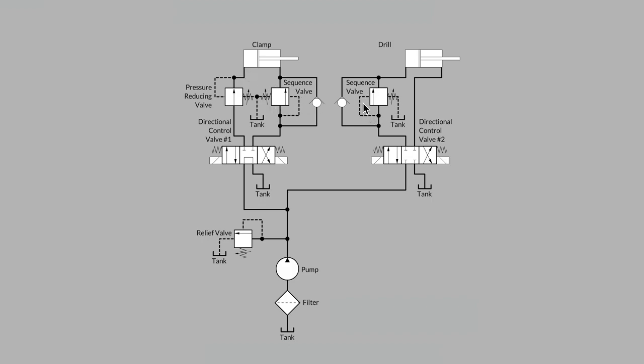And sequence valves, the symbol is drawn almost exactly like the relief valve, except that you know it's a sequence valve because its outlet is not headed back to tank. Otherwise, it is mostly drawn the same as a relief valve. It's drawn as normally blocking or normally closed. Many types of pressure valves will often have a third line that is the pilot spring drain, a very important function.